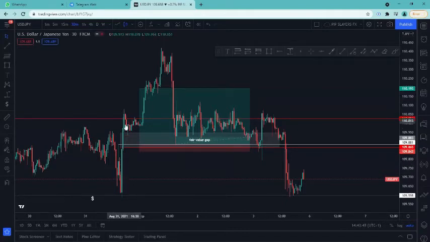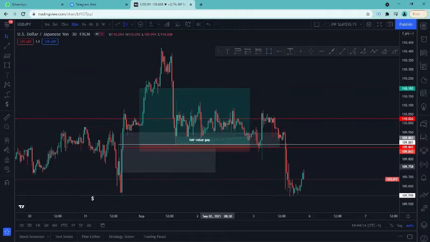So yes, also going to annotate that. Okay, but I won't annotate it because I removed the liquidity void. Liquidity void is also an imbalance.